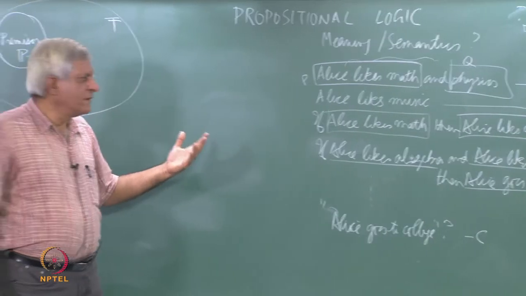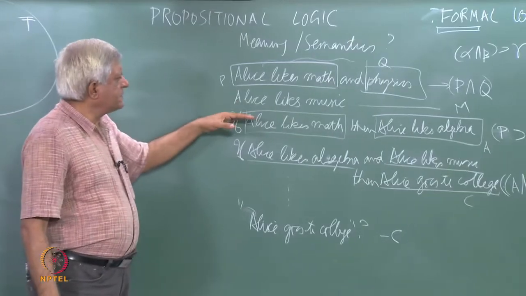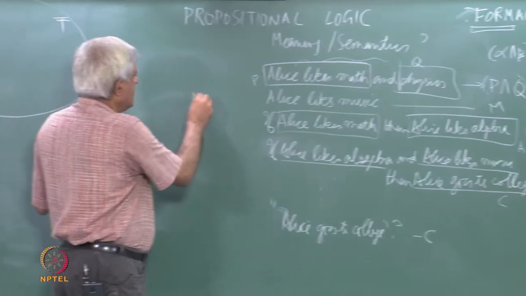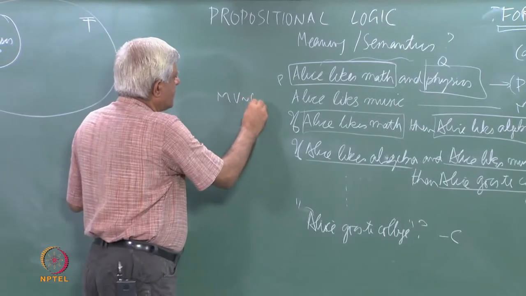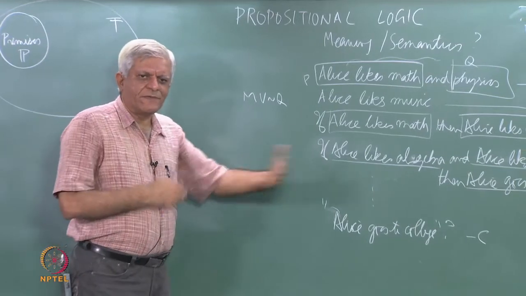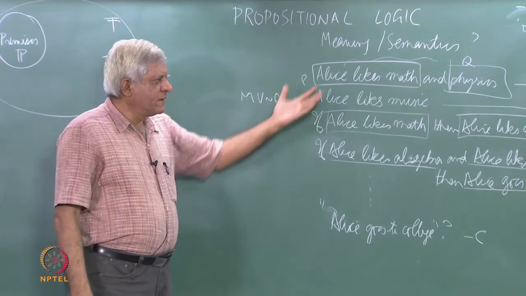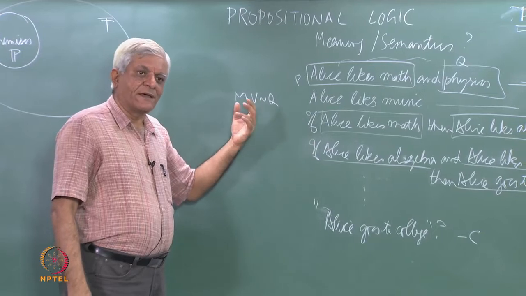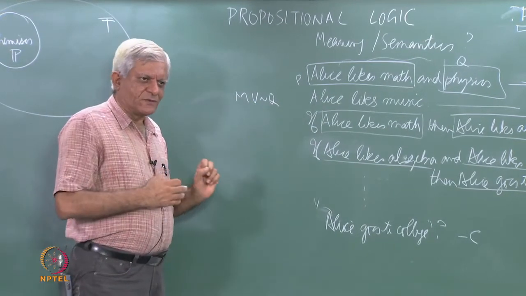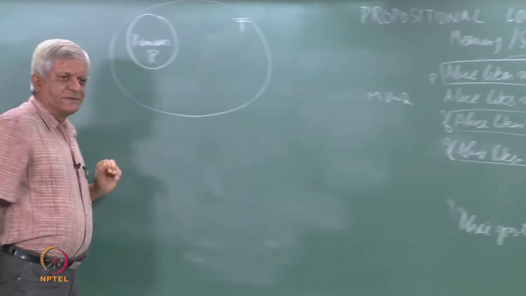So, for example, I can say M or not Q, is this true or not? There is an infinite set of sentences I can construct using these symbols, and I can ask a question of each of them whether that is true or not. From that I can collect the true sentences and I have this set T essentially.